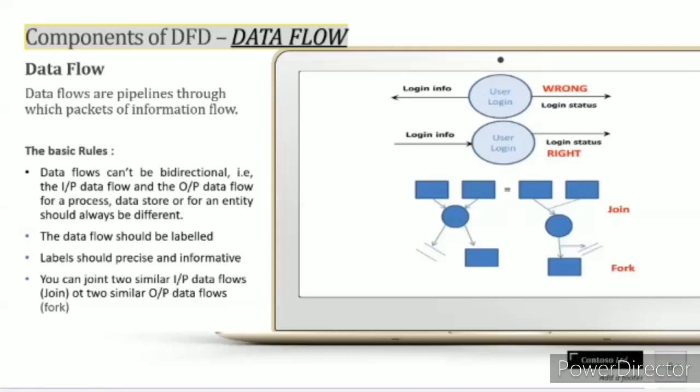In between there should be a process to convert it. Whatever information is passed through should be converted and stored. Similar entities or similar data stores cannot be connected with a data flow.